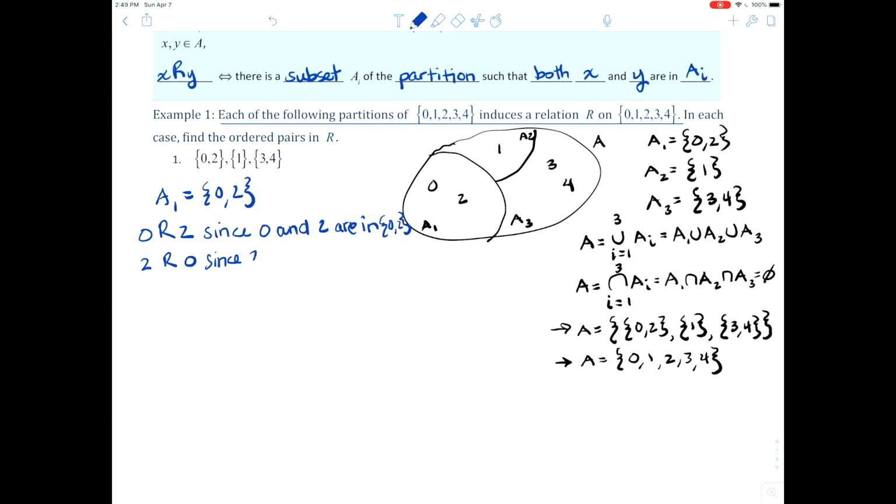So since 2 and 0 are in the set {0, 2}. But this one's the kind of tricky part. Isn't it true that 0 R 0? Because 0's in there, so you can use it twice, meaning use it once for the input and the output, the x and the y.